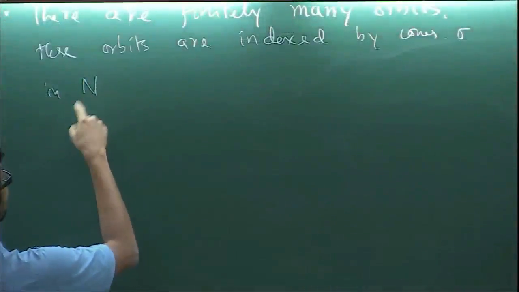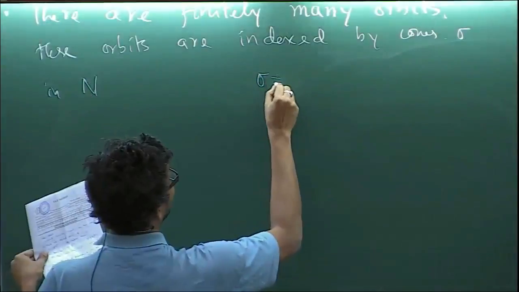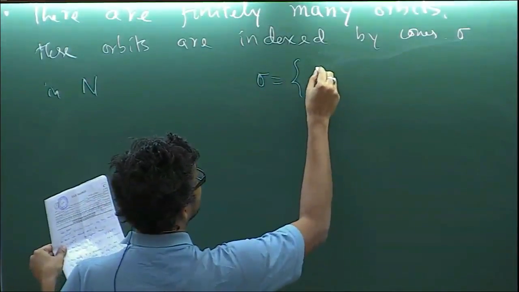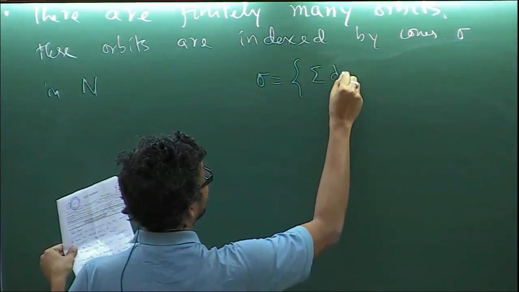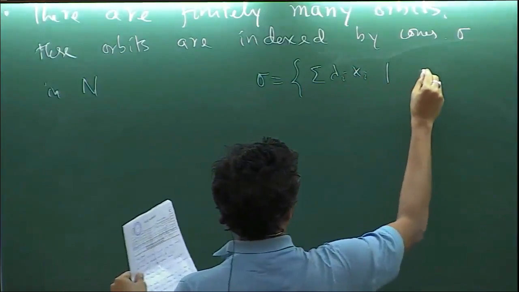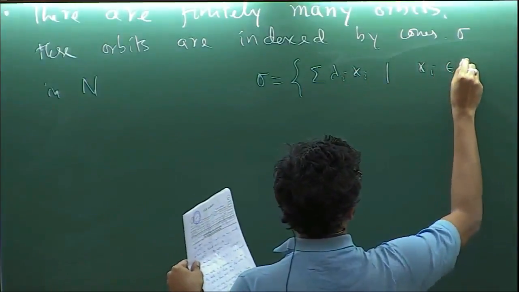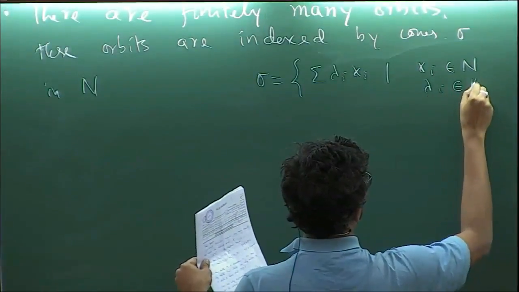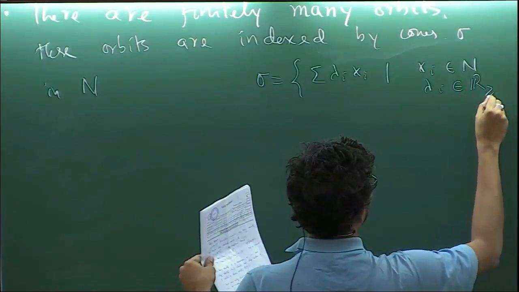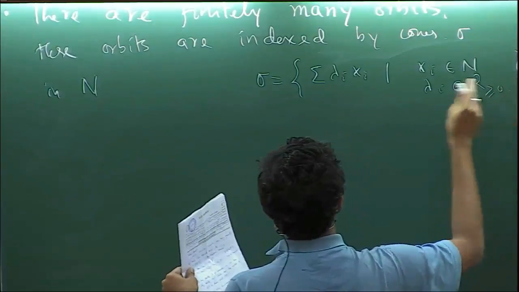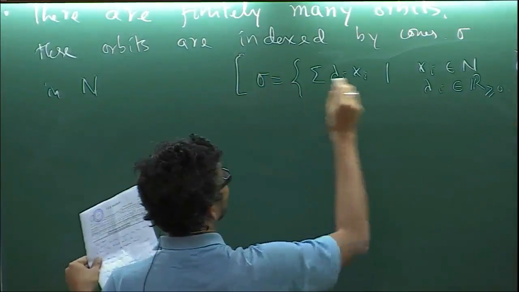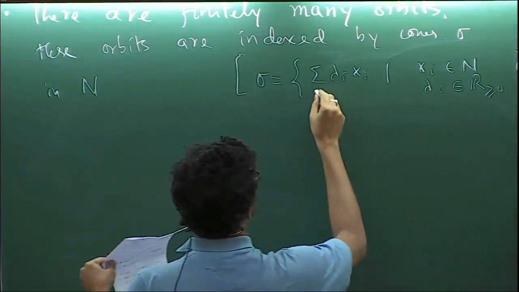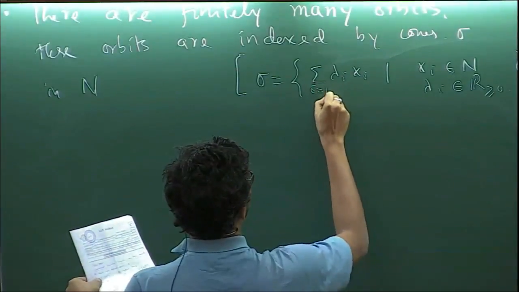That means any sigma you can write as the sum of lambda_i xi_i, where xi_i belongs to N and lambda_i are positive, i equal to 1 to k. I will not go into the detailed definition.